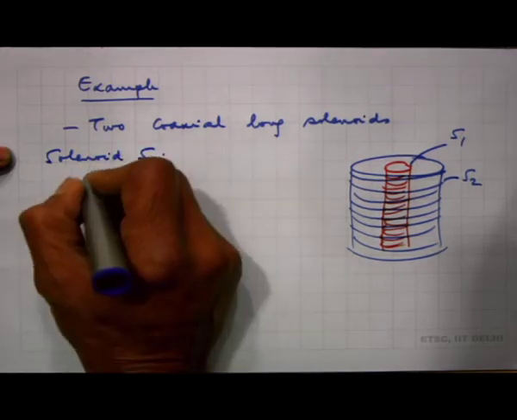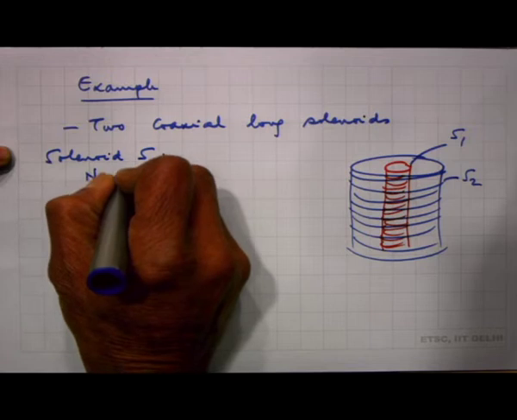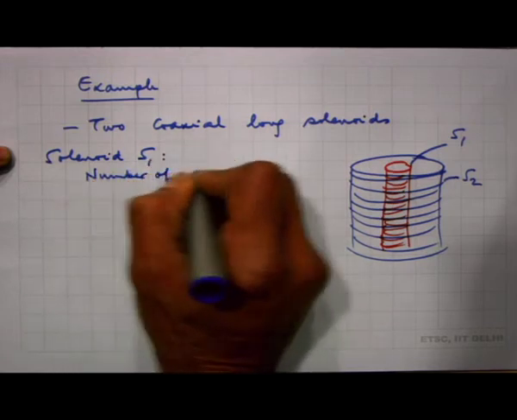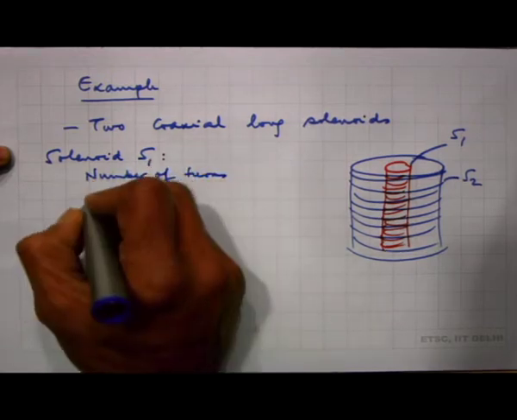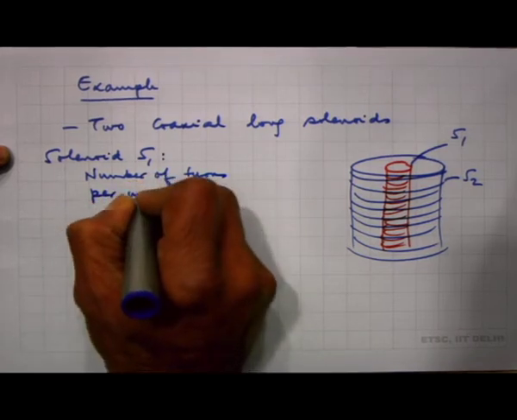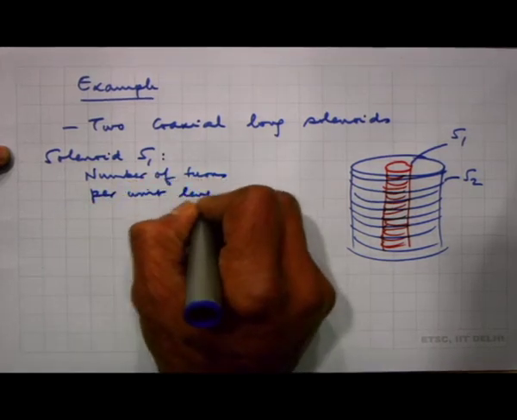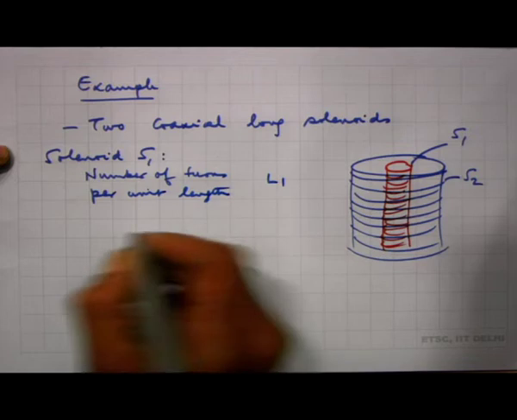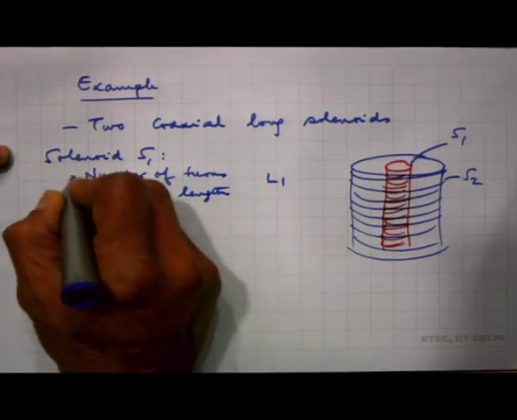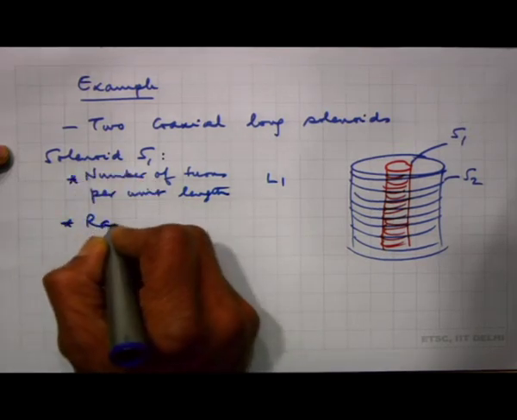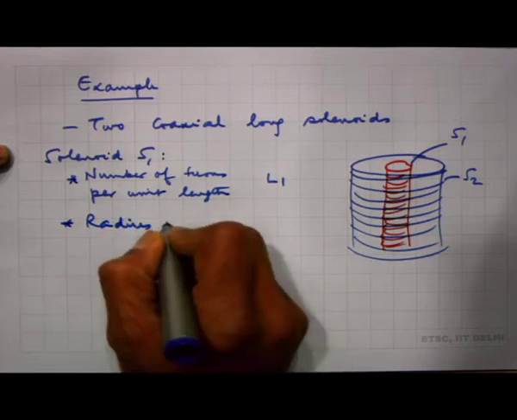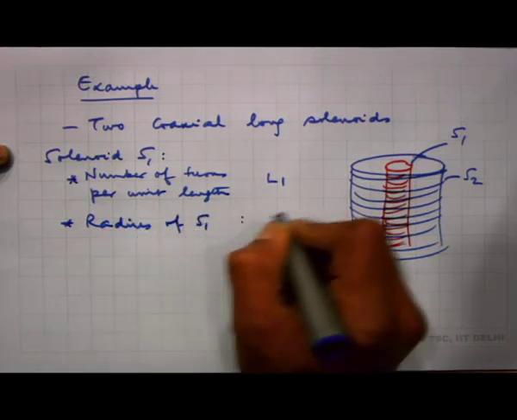So, solenoid S1 has number of turns per unit length N1, and the radius of S1 is R1.